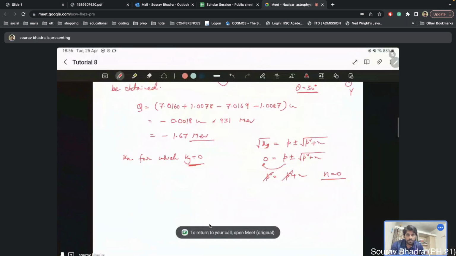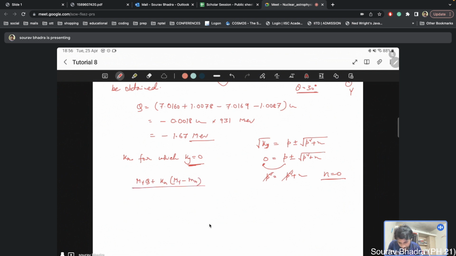So n equals 0 means the right hand side expression of n we will equate to 0. So my cube plus Kx into my minus mx divided by my plus my, that is 0.